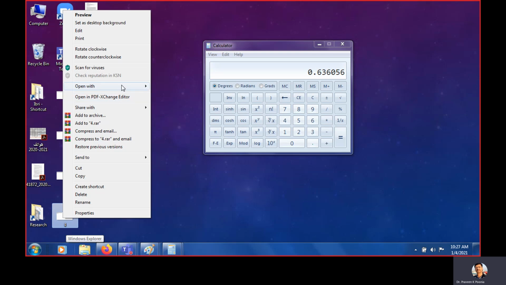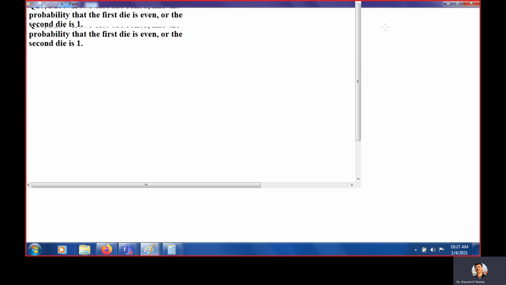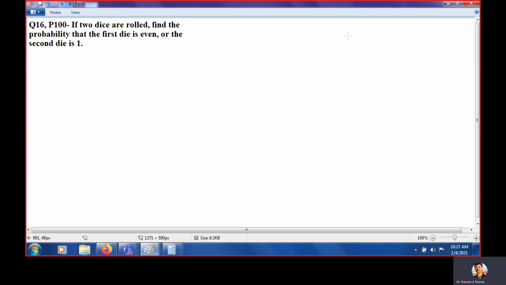Question number 4. Okay. Now what is the question number 4? It is question number 16 on page 100. If two dice are rolled, what is the sample space? Sample space is 11, 12, 13, 14, 15, 16.